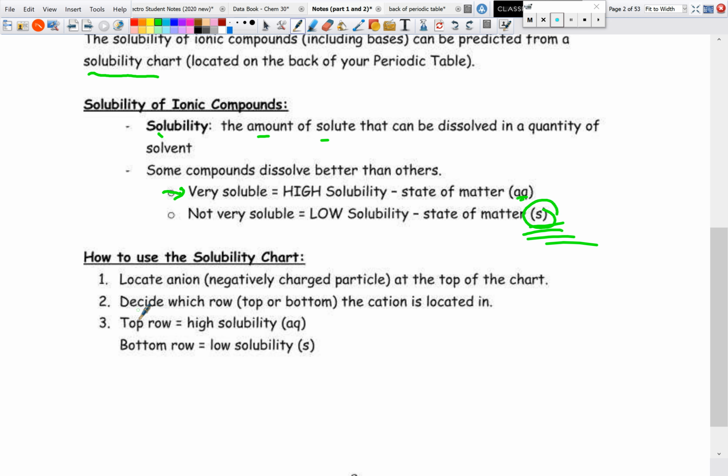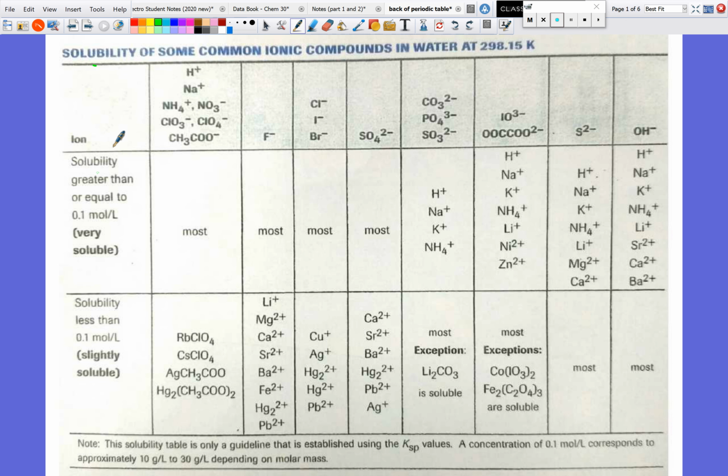Now, next, we're going to decide on which row, the top or the bottom, the cation is located in. So if it's in the top row, so the combination of anion and cation corresponds to the top row, we have high solubility, so it's going to be aqueous. And if it falls in the bottom row, it's going to be solid. Right, so let's say, for example, carbonate is our anion, and we have sodium as a cation.